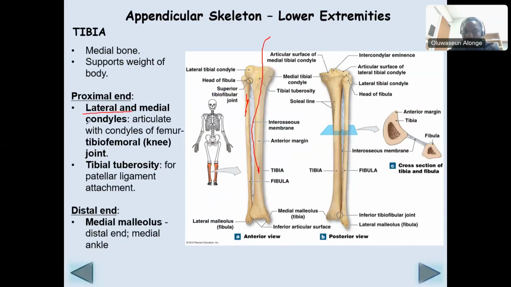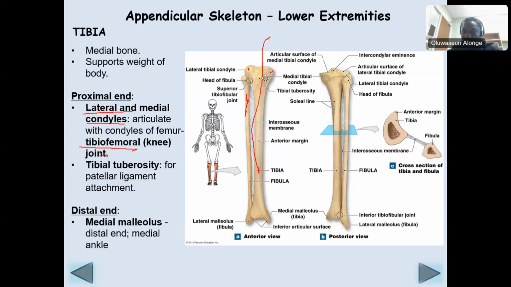So the lateral and medial condyles are on the tibia. You see that there? That's a lateral condyle and that's a medial condyle. These articulate also with the condyles on the femur to form what we call the tibiofemoral joint.